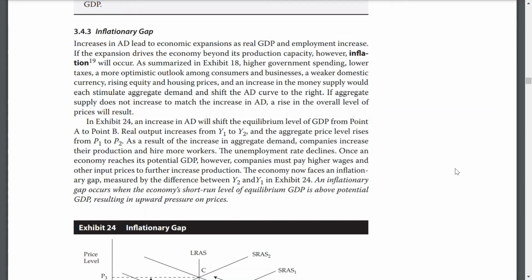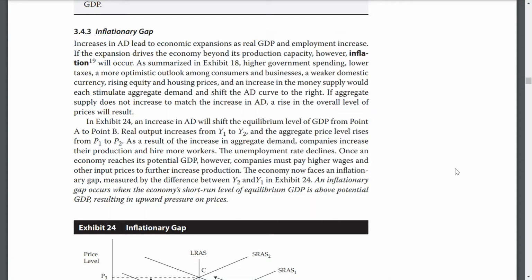If aggregate supply does not increase to match the increase in AD, a rise in the overall level of prices will result. In Exhibit 24, an increase in AD will shift the equilibrium from point A to point B. Real output increases from Y1 to Y2, and the aggregate price level rises from P1 to P2.